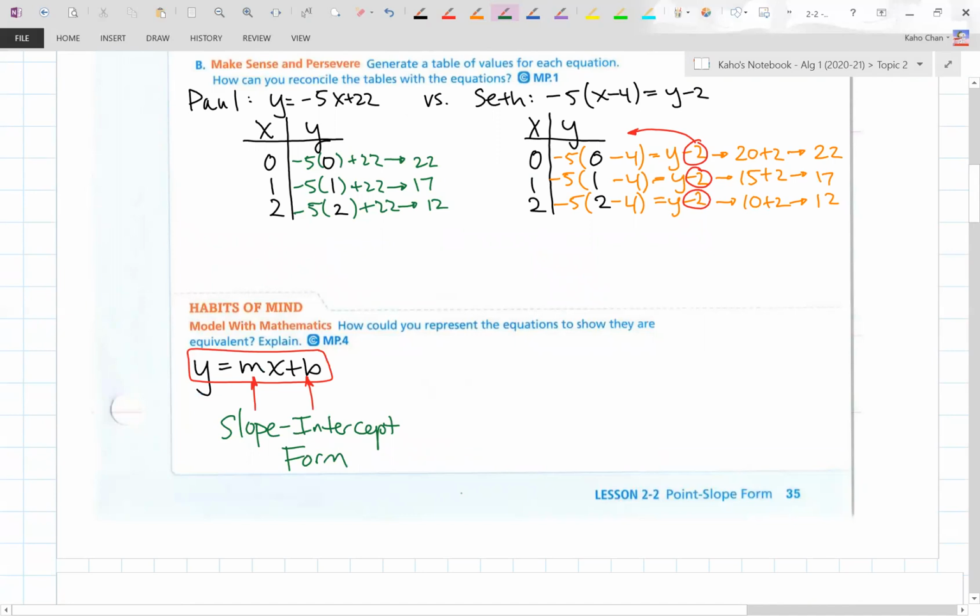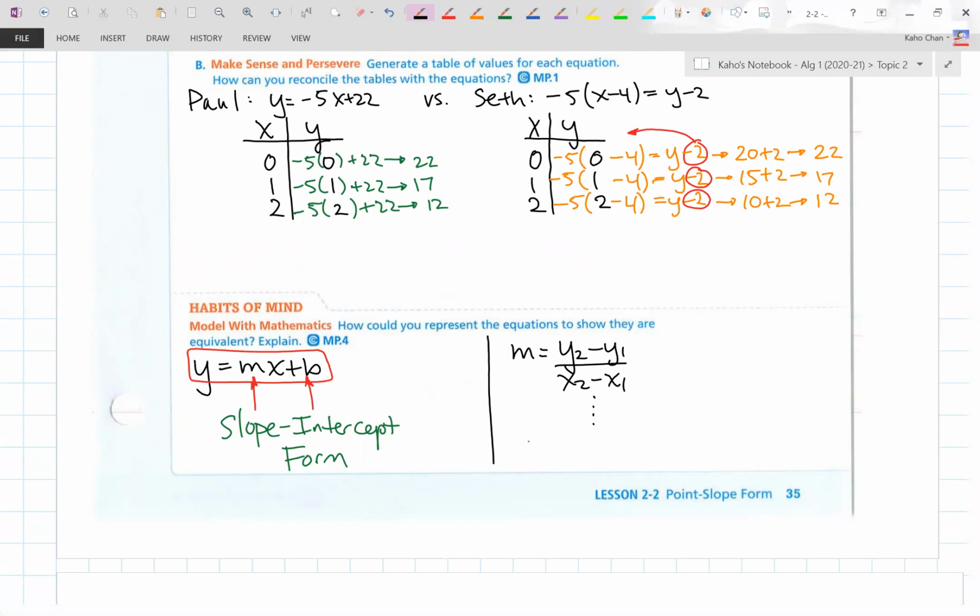And what's new for this section is what Seth is using. He's using an equation based off of the slope formula, m = (y2 - y1)/(x2 - x1). When you rearrange this, like we did in section 1-4, you'll get the point slope form of a line.